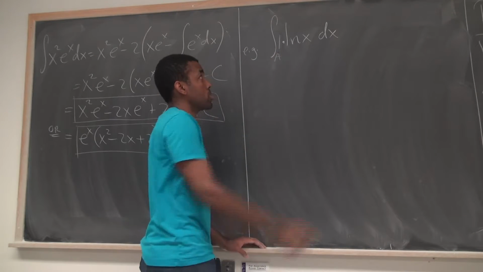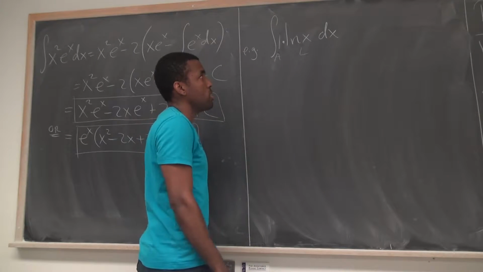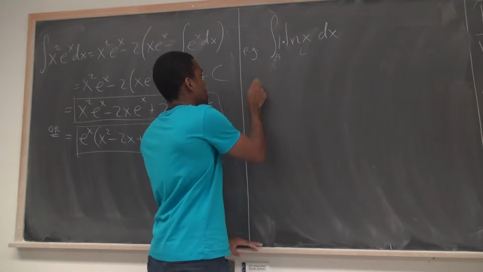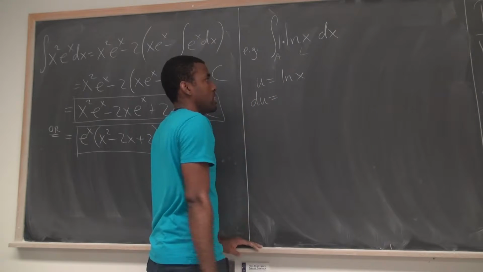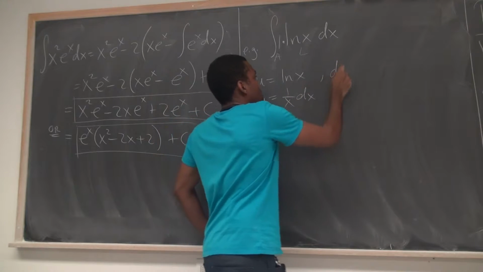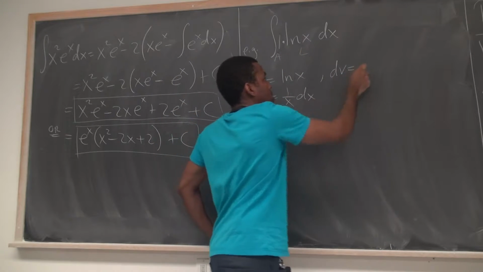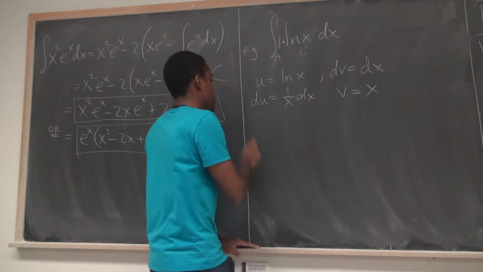Constants are polynomials. And this guy is an L. So I have an A and an L, who gets to be the u? The L. So u equals ln x, which I happen to know how to differentiate, du is 1 over x dx. My dv gets to be 1 dx, which means my v is just equal to x.